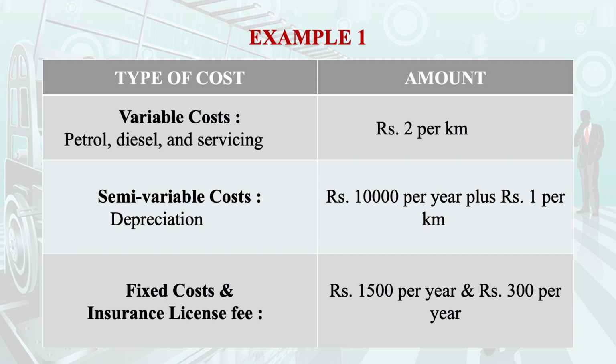For example, variable cost like the consumption of petrol or diesel or servicing comes to 2 rupees per kilometer. Then semi-variable cost may be 10,000 per year plus rupees 1 per kilometer. Then fixed cost: the insurance cost is rupees 1500 per year and rupees 300 per year.